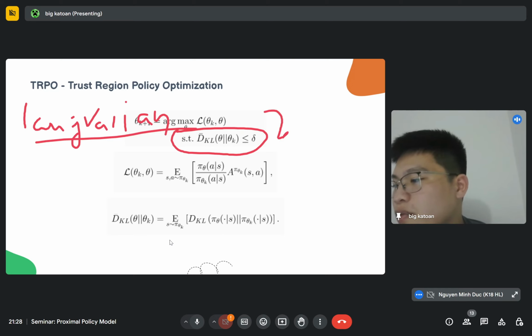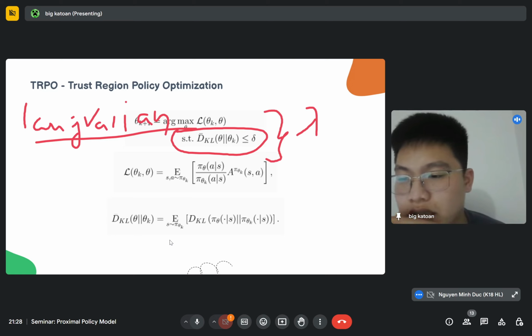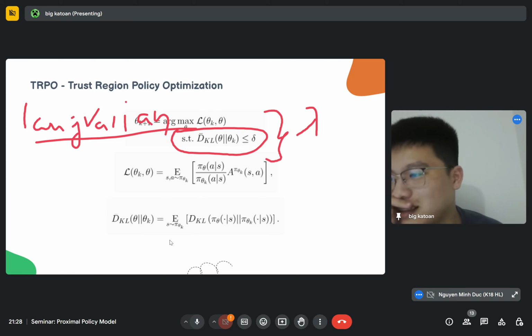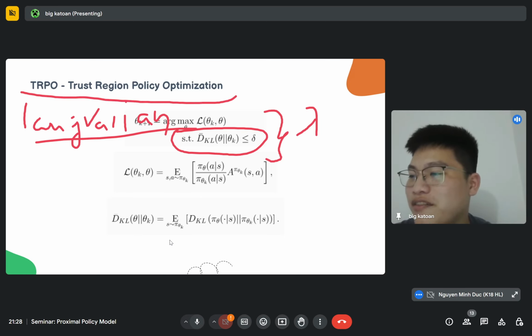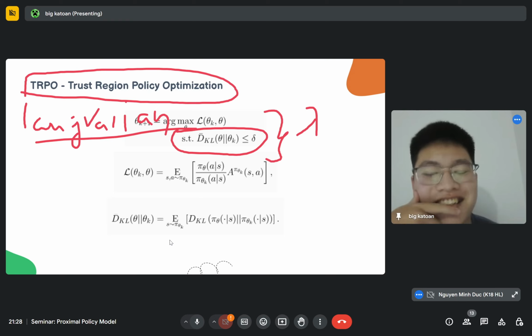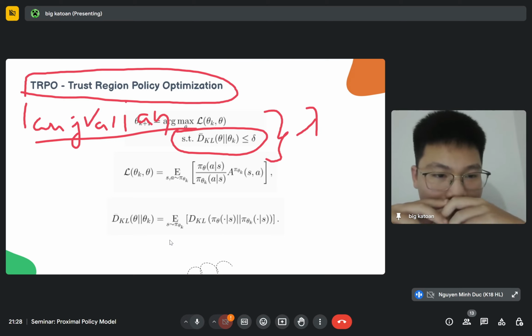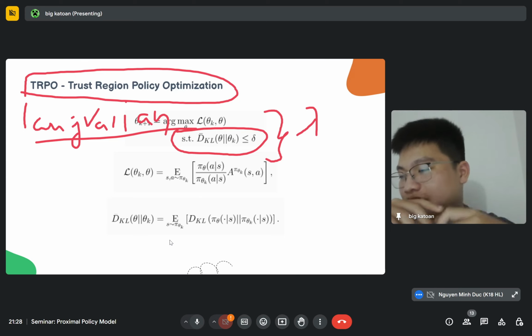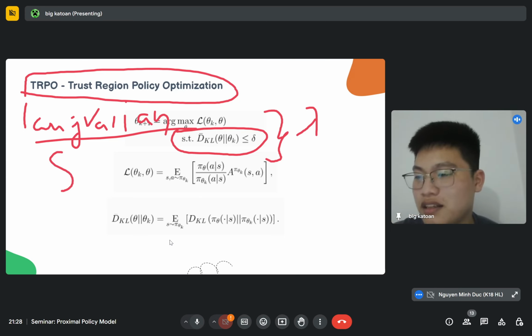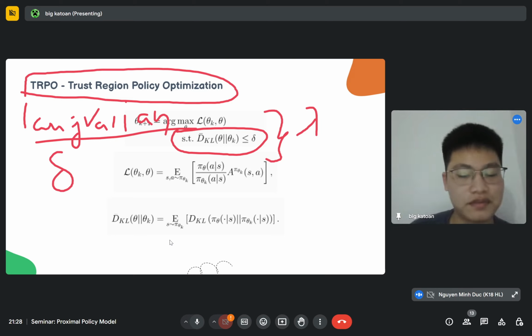So at this point we need to solve the Lagrangian problem to update theta k plus one. That's why TRPO is very hard to compute. So the right part of the constraint is the hyperparameter we need to choose, right? Yeah, the sigma.